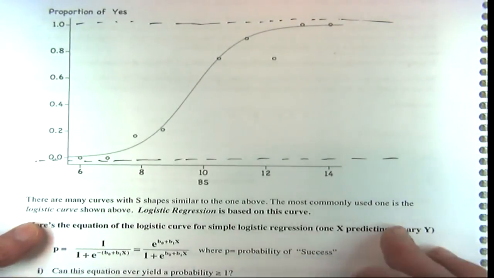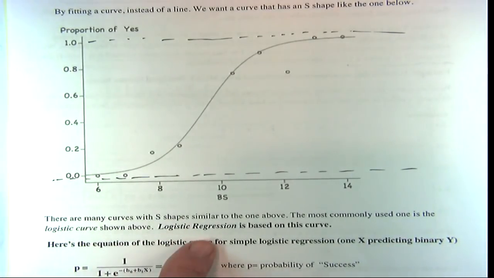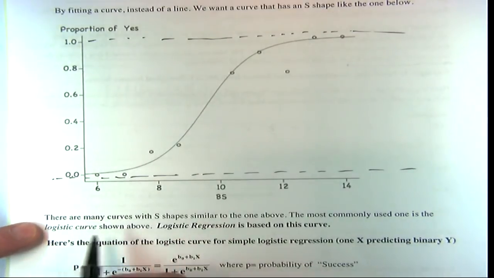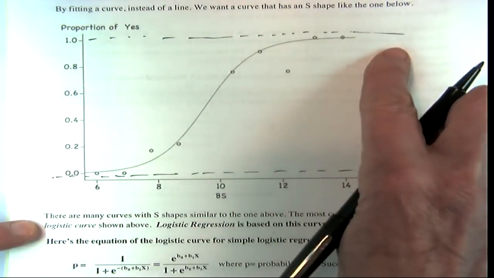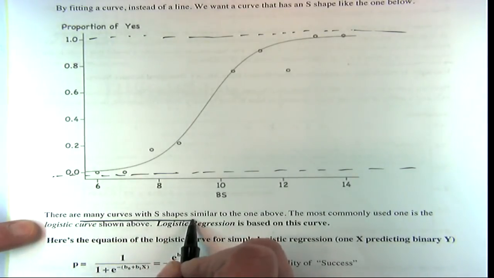And the most commonly used one is called the logistic curve, the logistic regression curve. And logistic regression is based on this curve. But first of all, there are many curves with S shape, similar to the one above.